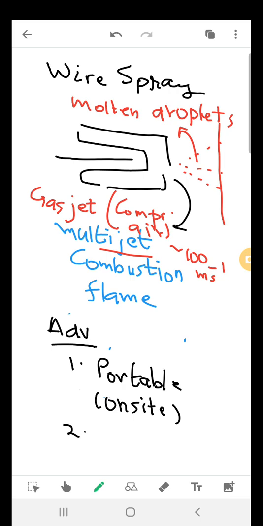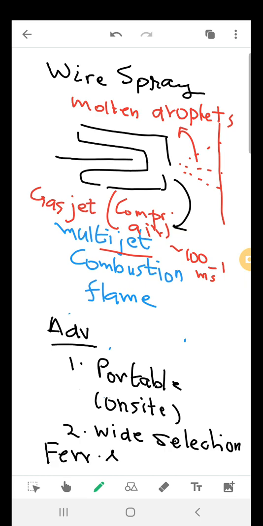And the second advantage is we have got a wide selection of materials which can be deposited through this technique. The selection ranges from all ferrous and non-ferrous metals.